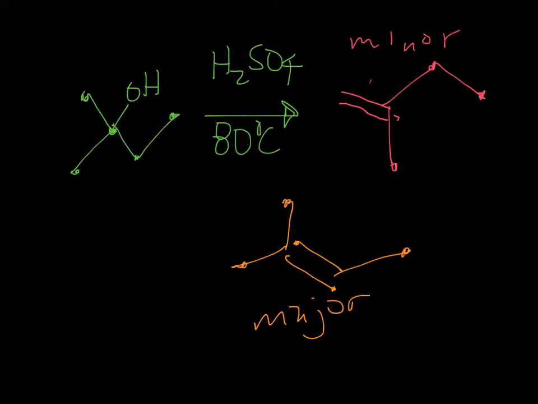Now we can name one of them together. Let's name the major one, which unfortunately, I didn't name it on mine. Okay, so what will its name be? We're naming the major? The major, 2-methyl. And then 2-butene? Yes, 2-butene.